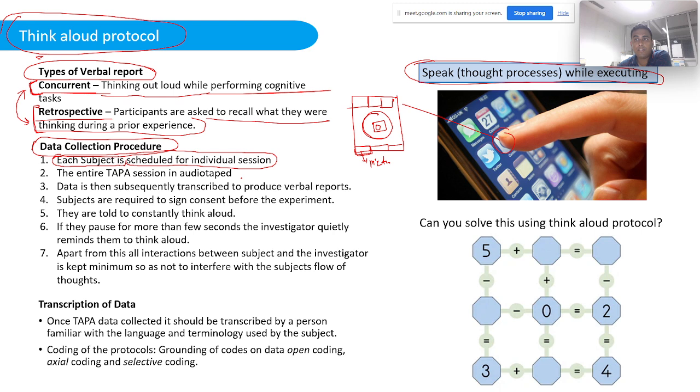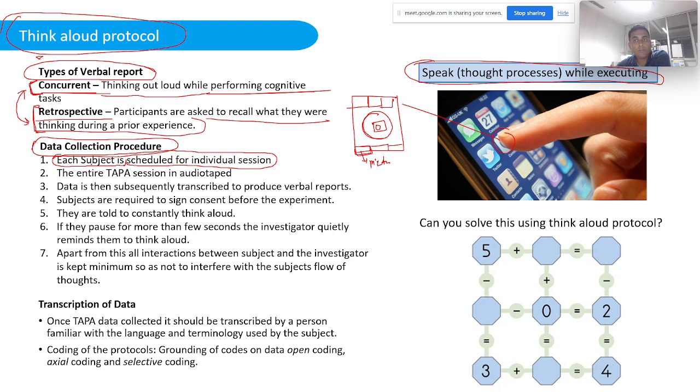Then you give them an example of how to perform think aloud protocol. Generally you give an example from prior information which is not similar to the context for which you are actually taking think aloud protocol. Now you ask that person to perform think aloud protocol.